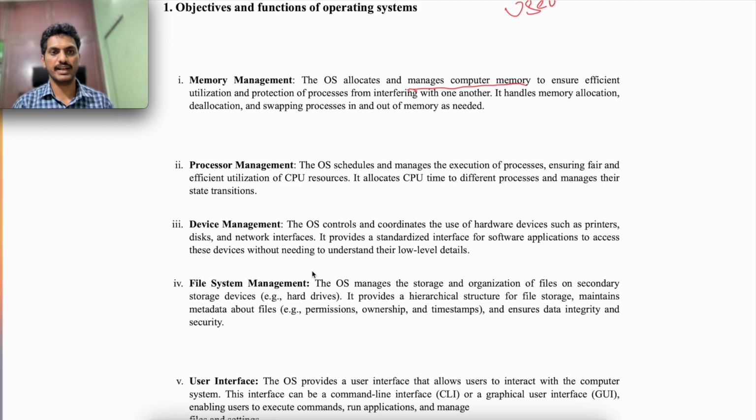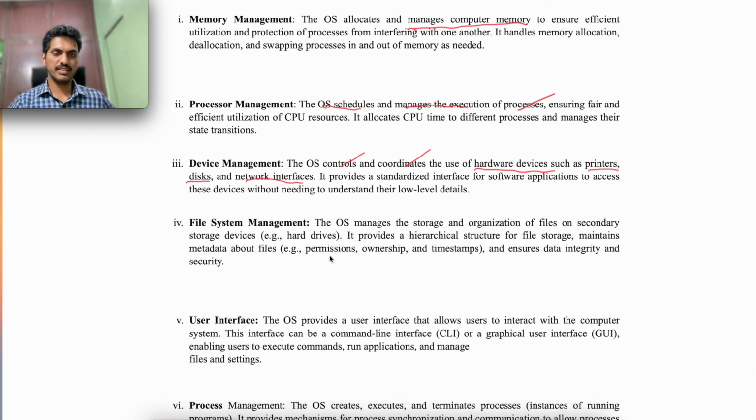No need to learn by heart, no need to write exact sentences as we see on this screen. Processor management, second one, it schedules and manages the execution of processes. And device management, it controls and coordinates the use of hardware devices like printer, disk and network interfaces. So this is very easy. You need to describe each and every function of operating system.